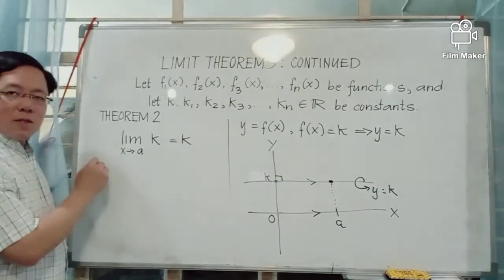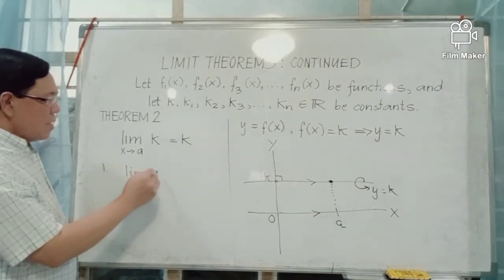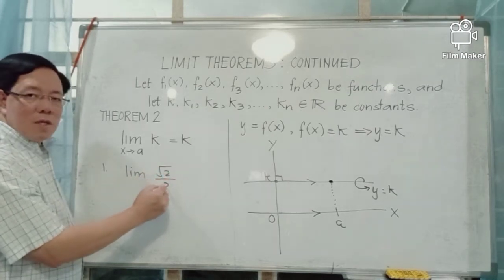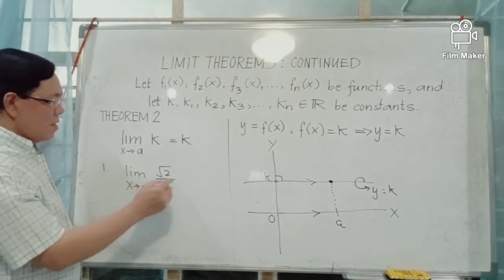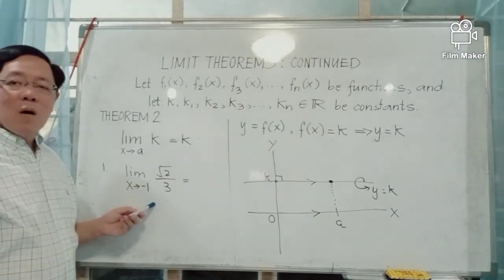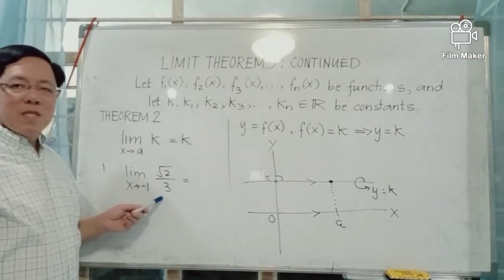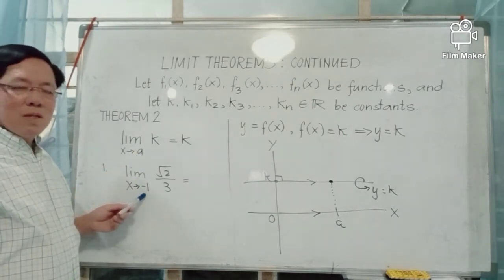We take an example. We find the limit of square root of 2 over 3 as x approaches negative 1. In this example, our constant k is the root of 2 over 3 and a is negative 1.